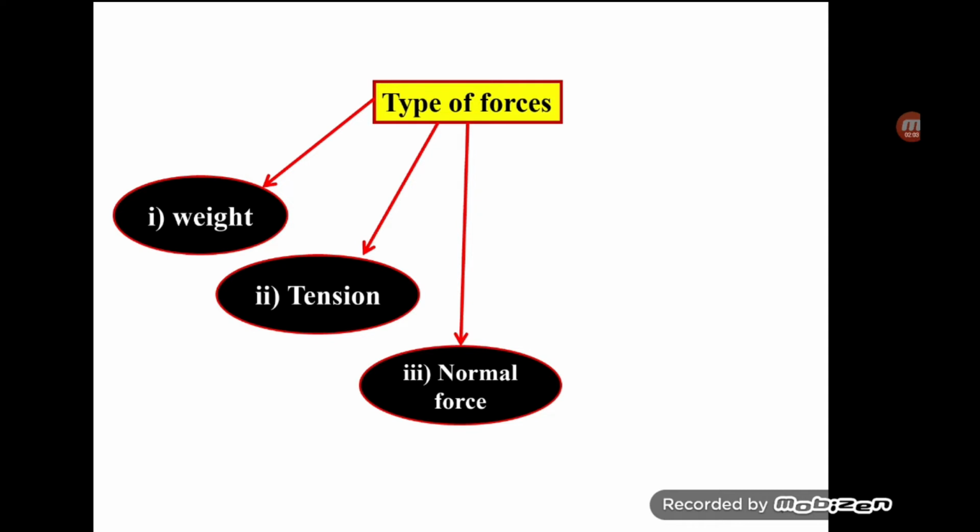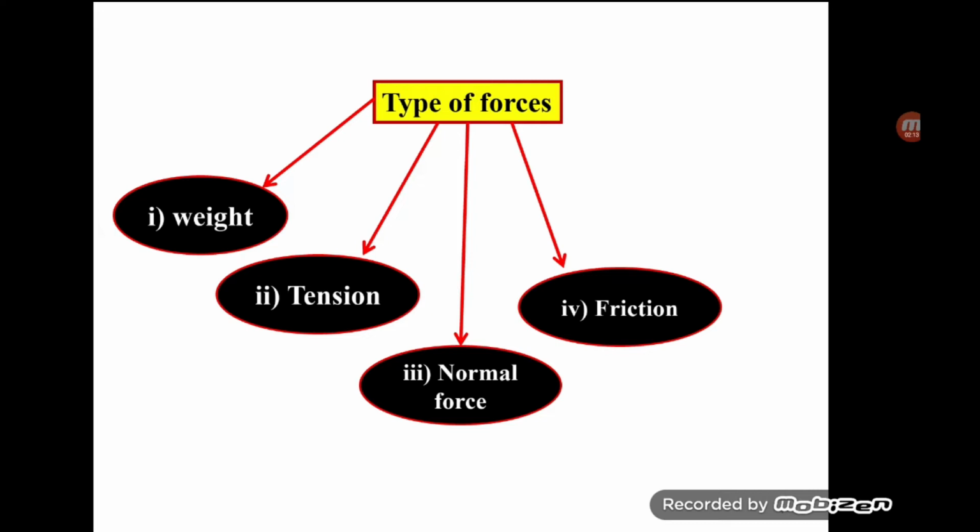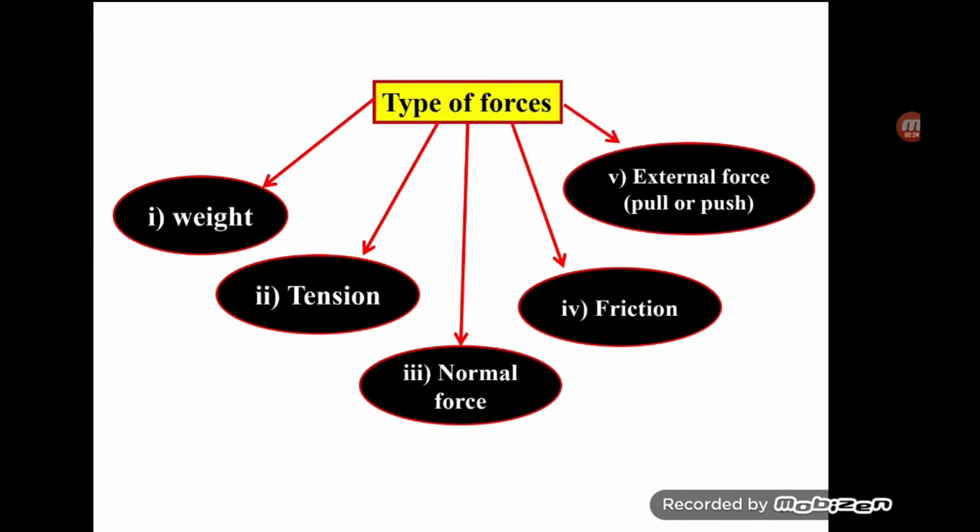Any object in contact with a surface will experience normal force. Friction. An object on a rough surface will experience friction. And the last is external force. An object that is pushed or pulled experiences external force.